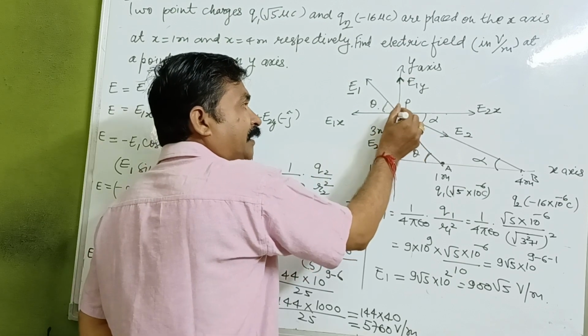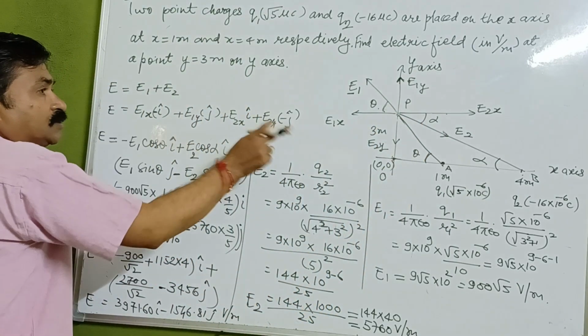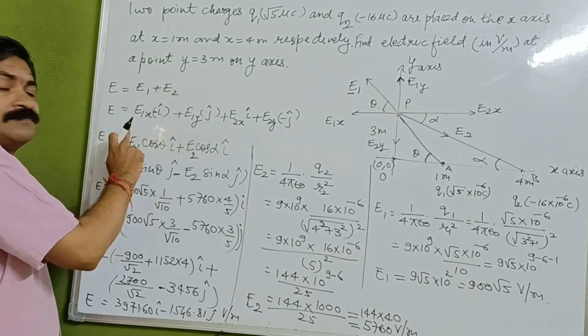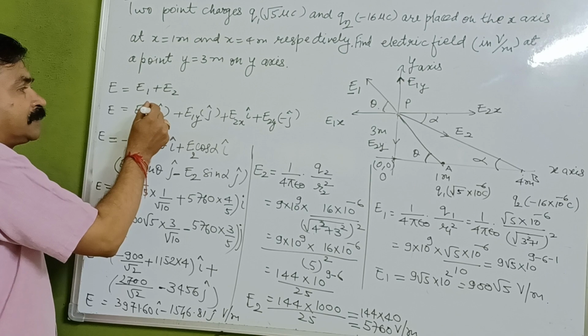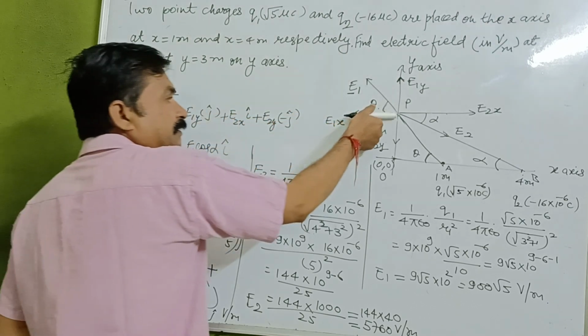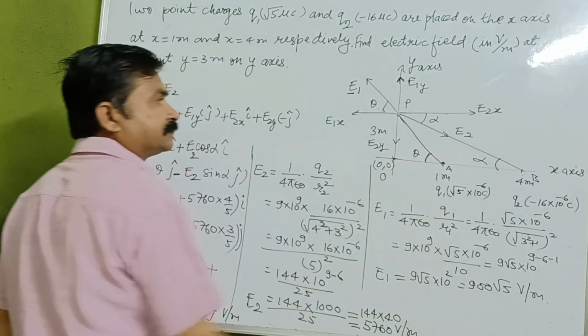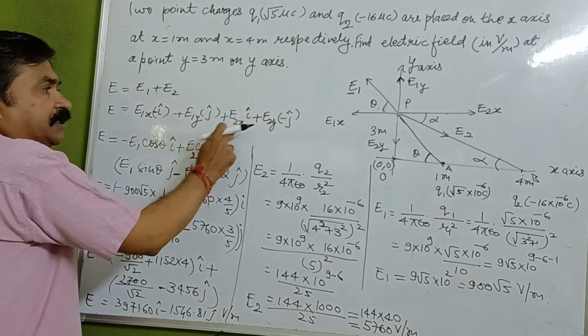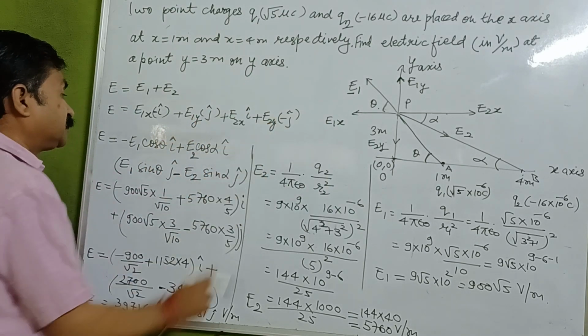So the net electric field because of E1 plus E2, we will go through the x component and y component. E1x is of minus i because it is acting in this direction, that's why we have taken minus. E1y j plus E2x i plus E2y minus j.